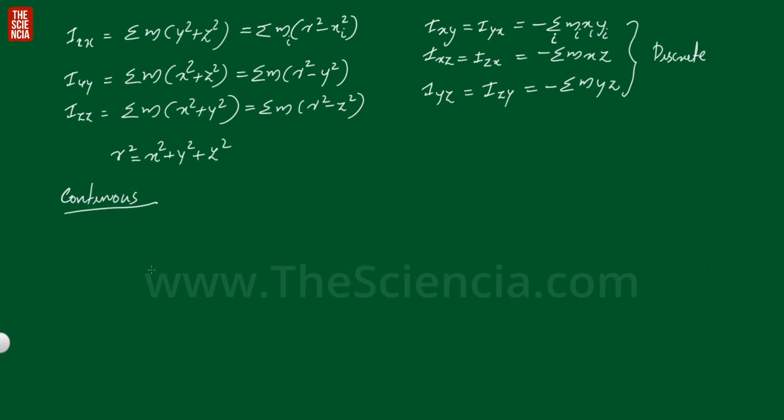So I can rewrite this in a more general form with a single equation, that is Iij equal to summation m r square delta ij minus xi xj, where delta ij is equal to 1 when i is equal to j, and this is equal to 0 when i is not equal to j.